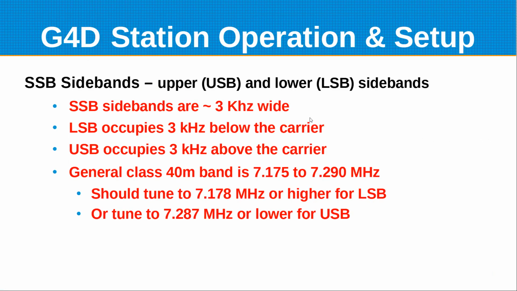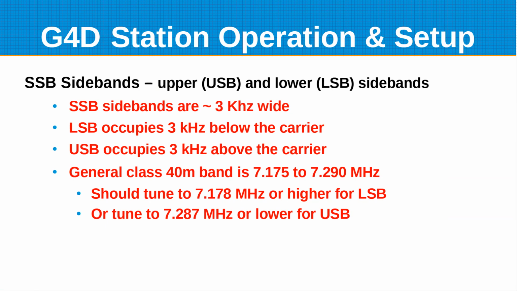Single sideband, upper and lower. Normal single sidebands are approximately 3 kilohertz wide. The lower sideband will be 3 kilohertz below the suppressed carrier frequency. The upper sideband is going to be 3 kilohertz above that carrier frequency.